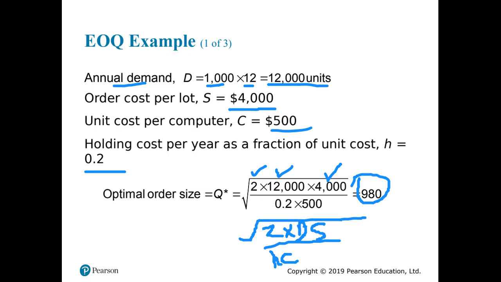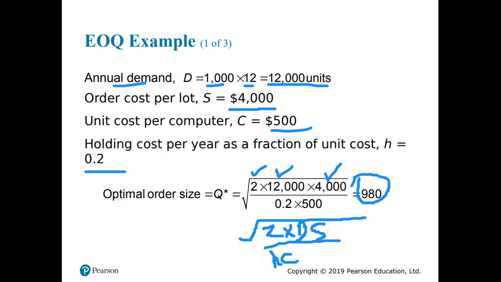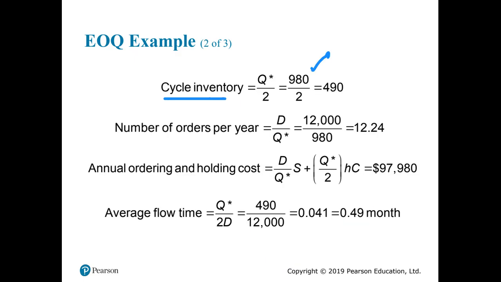Now, what should be the cyclic inventory? We know that it has to be the economic order quantity divided by 2. The economic order quantity was 980, so cyclic inventory is 980 divided by 2, so we can make one order of 490 units. Then we can work out the orders per year by dividing demand by the economic order quantity.